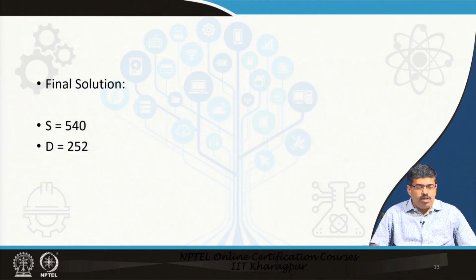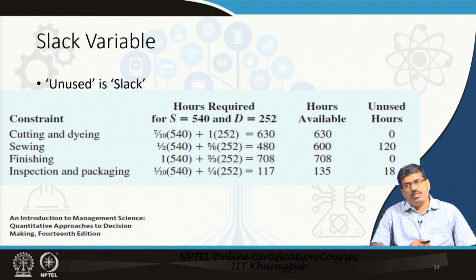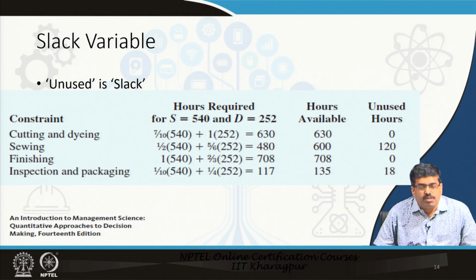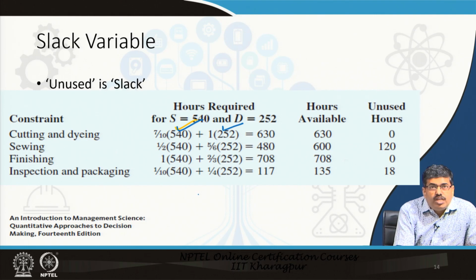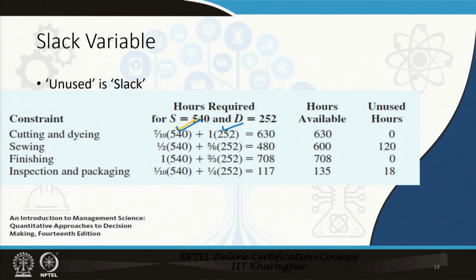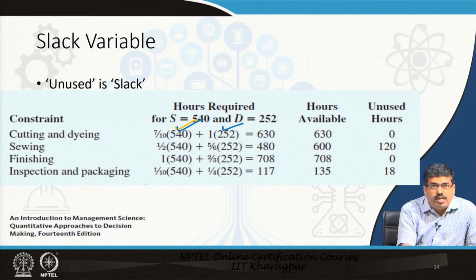Okay. Now, I have a question. If you solve this you will get 540 S we have manufactured and 252 D we have manufactured, right. So, 7/10 of hour per bag into 540 bags, 1 hour per bag into 252, that is equal to 630 hours, right.